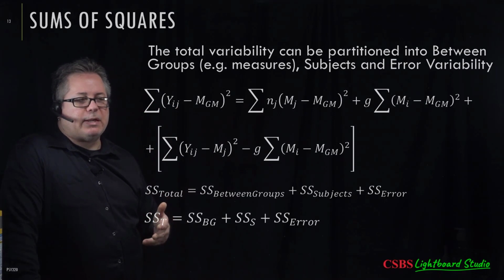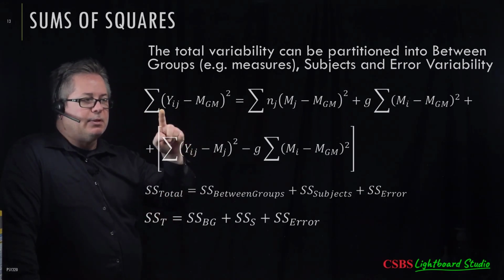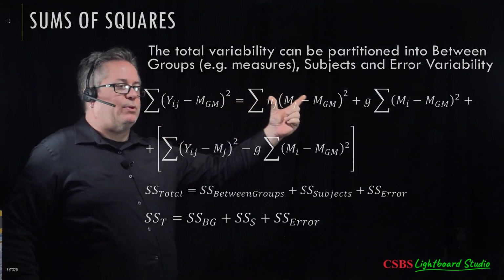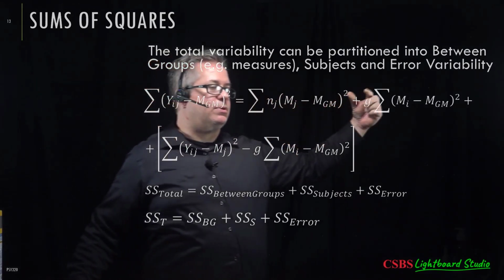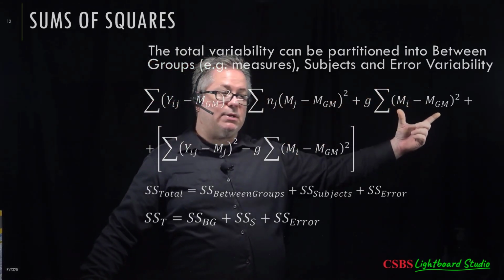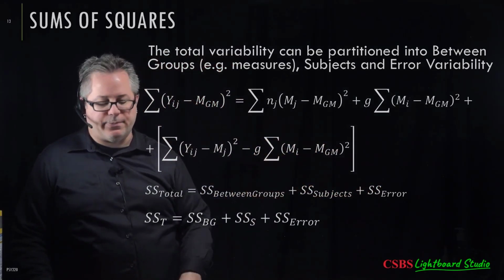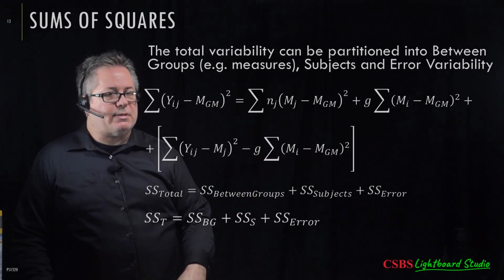We're looking at the sum of squares total. This is sum of squares between groups. This is sum of squares subject. And inside here is sum of squares for error. So let's talk about those pieces and how they work.